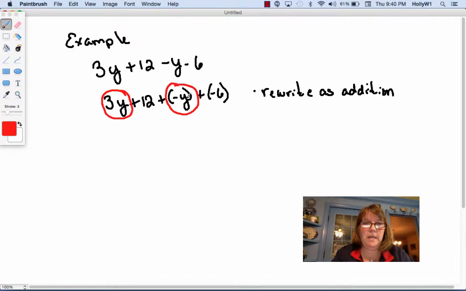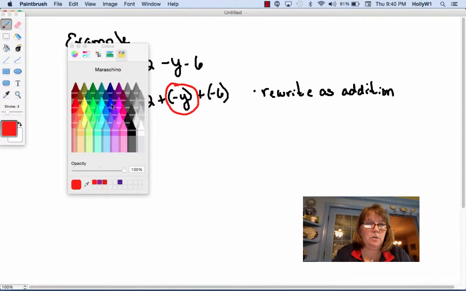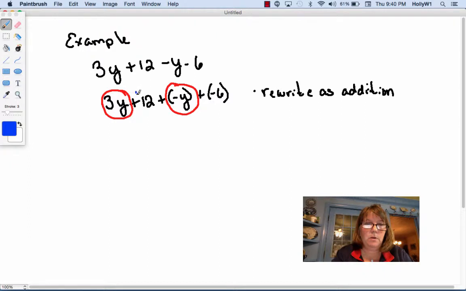So 3y and negative y are like terms. Now let's go find all the constants. So now we're going to put a square around the constants. So now we know that the things that are circled in red are like terms, and the things squared in blue are also like terms.